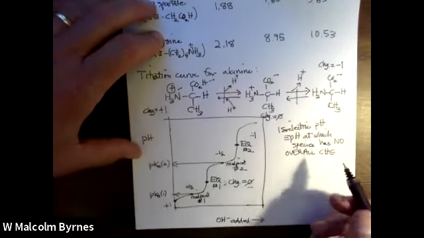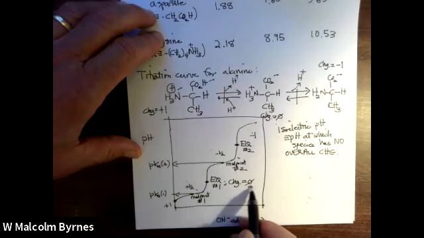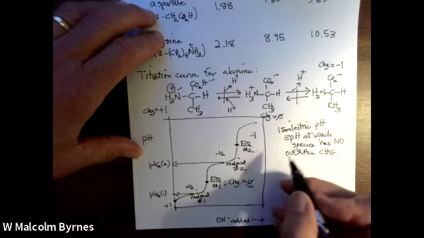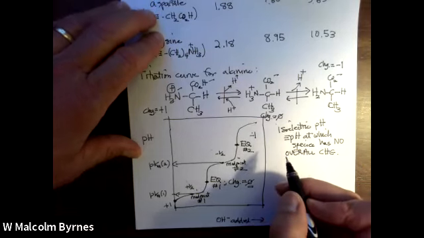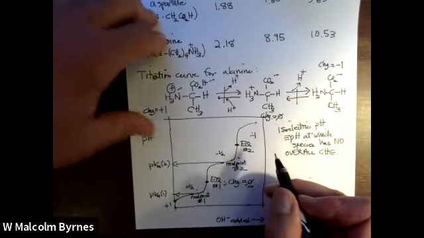So the question is, what is the pH at this first equivalence point? Because that will be the pH at which the species has no overall charge. Now you can calculate that. It's called the PI value.